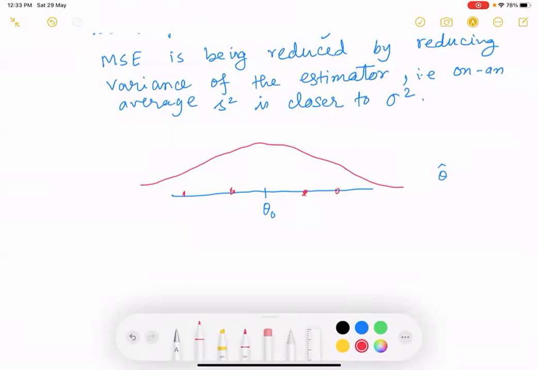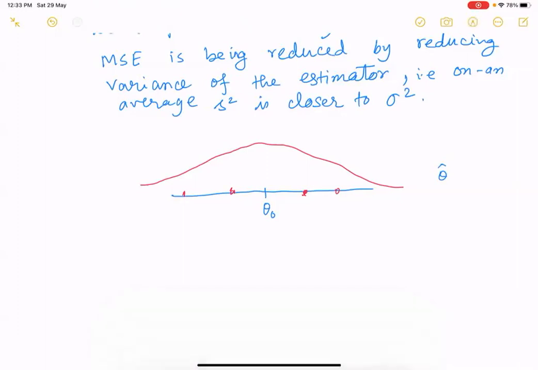Now you come up with another estimator, still theta naught is here, which is say theta tilde. And you know it systematically underestimates theta naught, or theta.